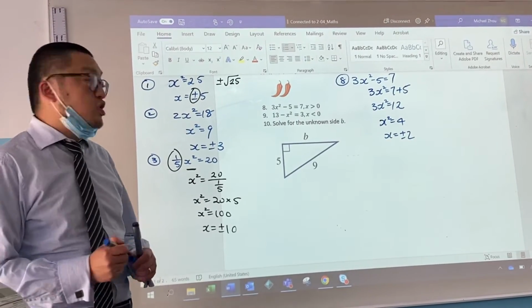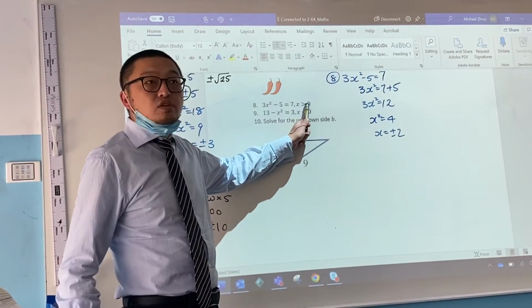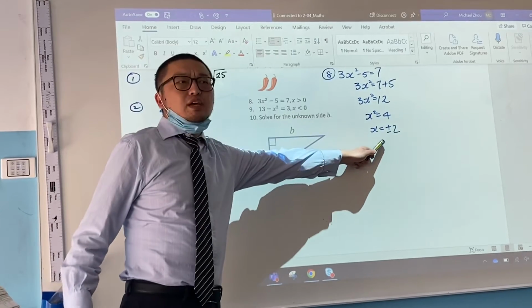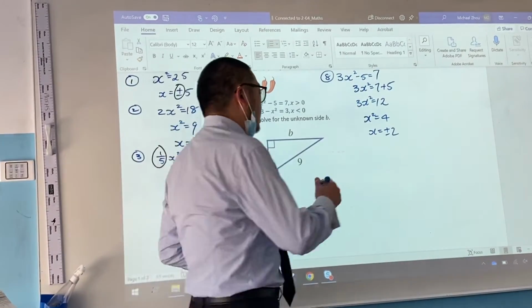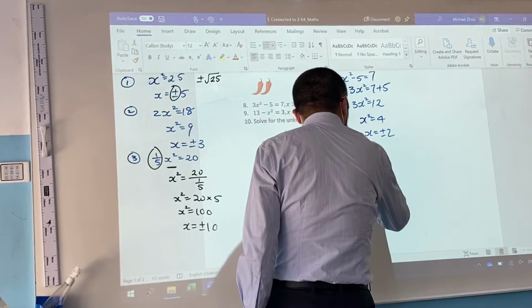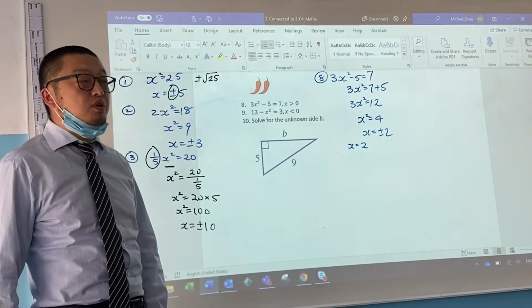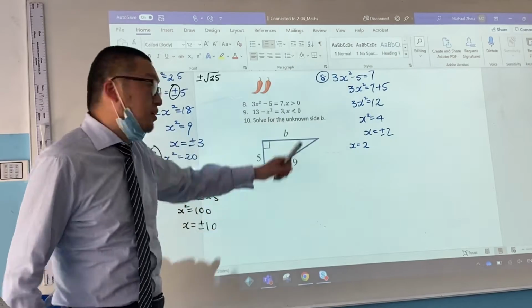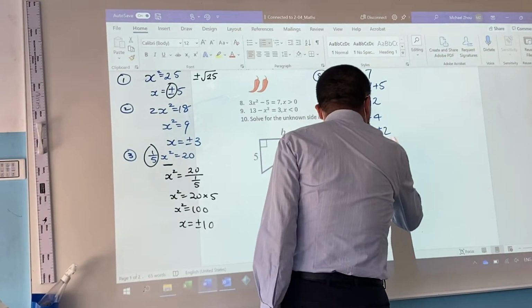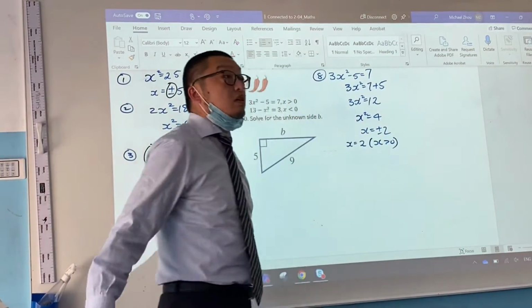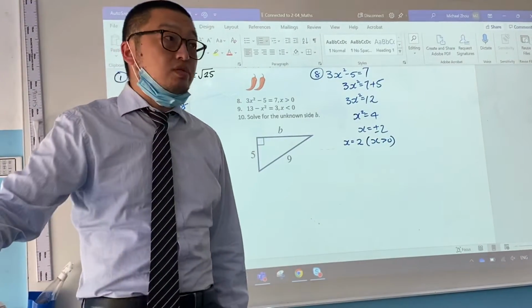Okay, now the question says x is greater than 0, but we get a negative case. So all you have to do is say x equals 2. You get rid of the negative case just because the question has that condition there. Write down the reason within brackets. The reason being x is greater than 0.